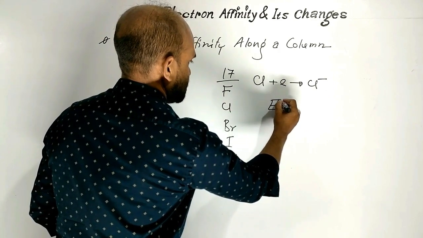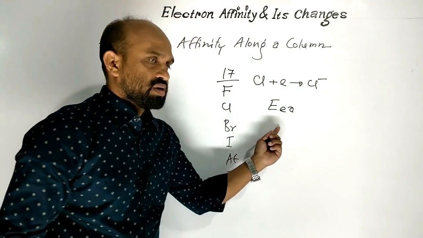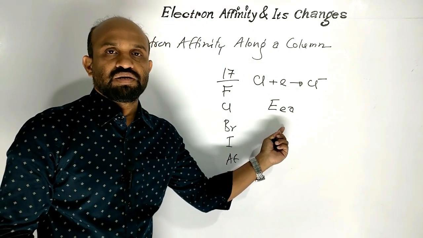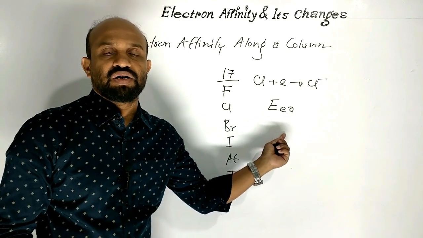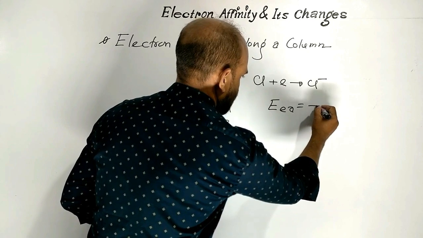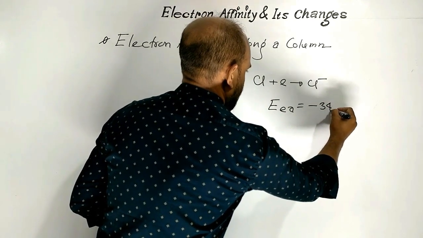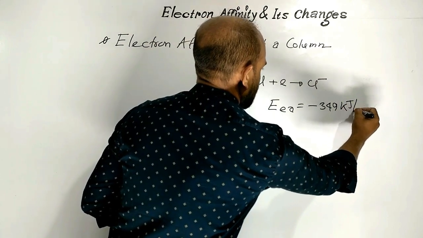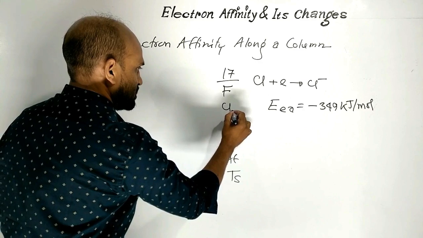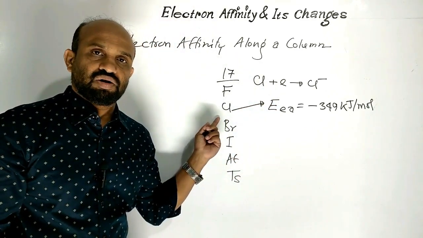Electron affinity is denoted by EEA, energy of electron affinity. Here this is minus 349 kilojoule per mole. This is the electron affinity of chlorine.